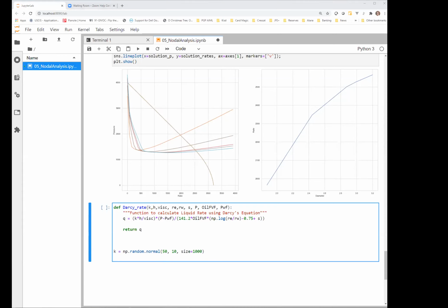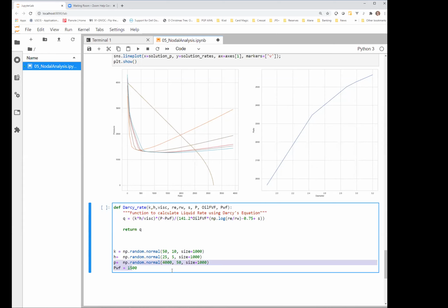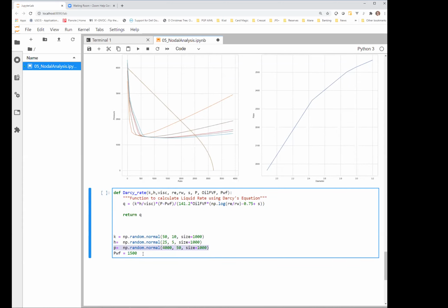And I can do the same for thickness. I know my thickness, the mean value is 25, but my standard deviation is 5 units, and the same sample size. And for the pressure, I also have uncertainty, and everything is going to be evaluated at a fixed flowing pressure. Okay.